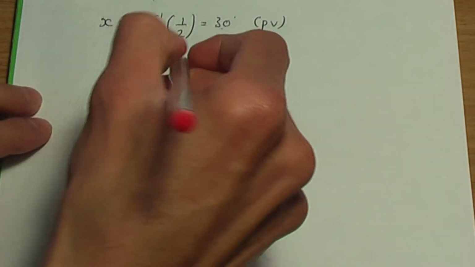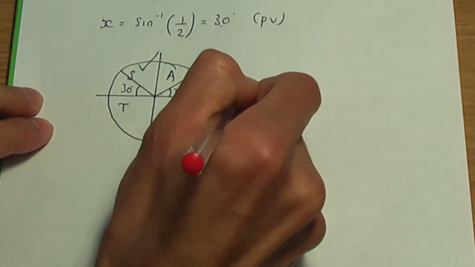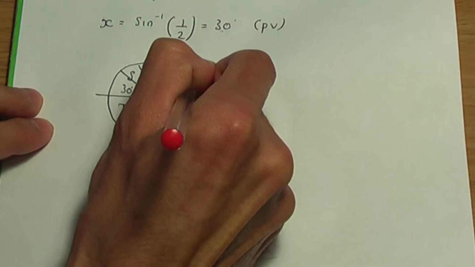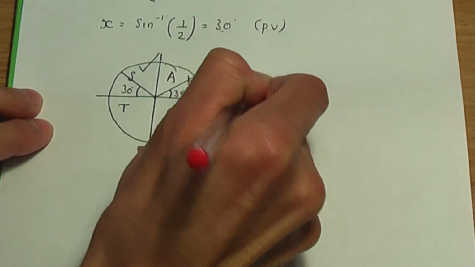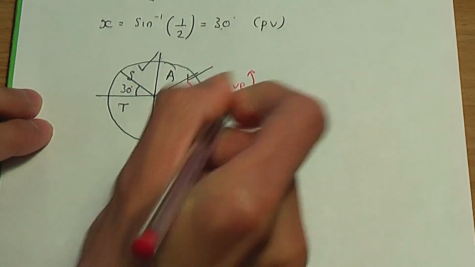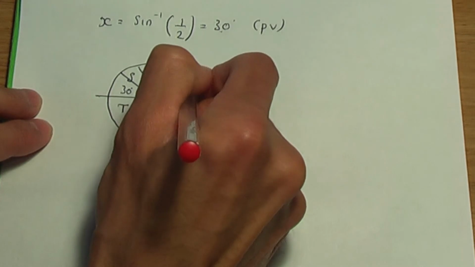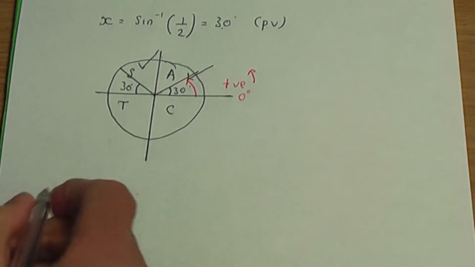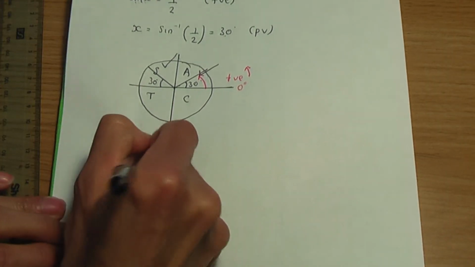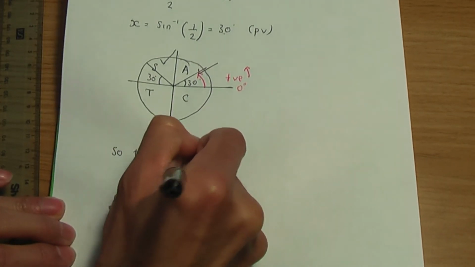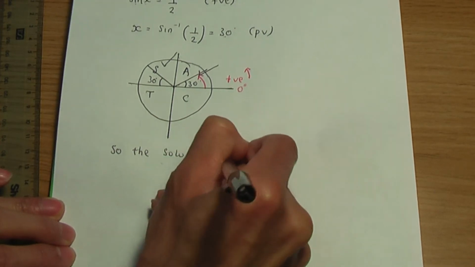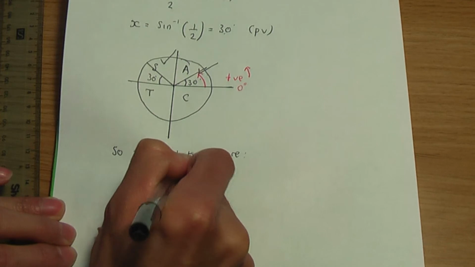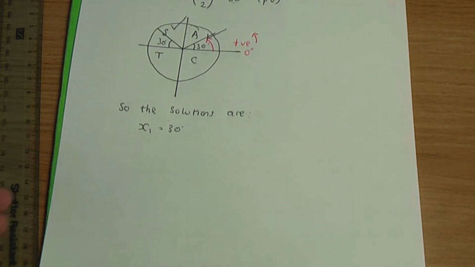The first solution using the cast diagram is from the 0 degree initial line in the anti-clockwise direction, because we're measuring positive angles, and positive angles are measured in the anti-clockwise direction until you hit that first line drawn, and that angle is 30 degrees. So the first solution, which I'm calling x1, is 30 degrees, as discussed.